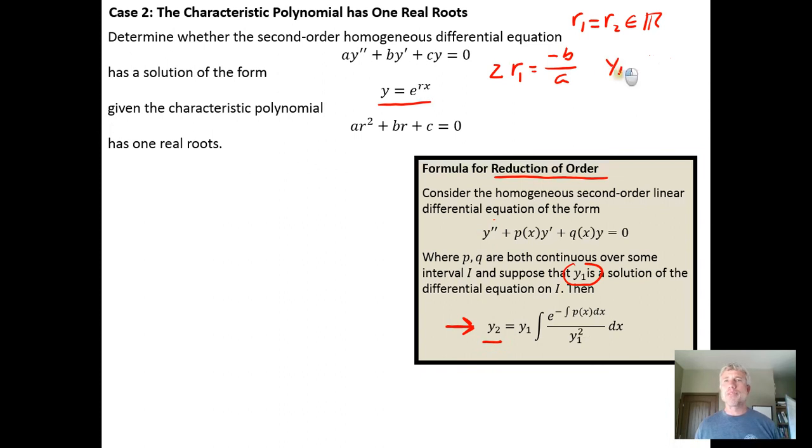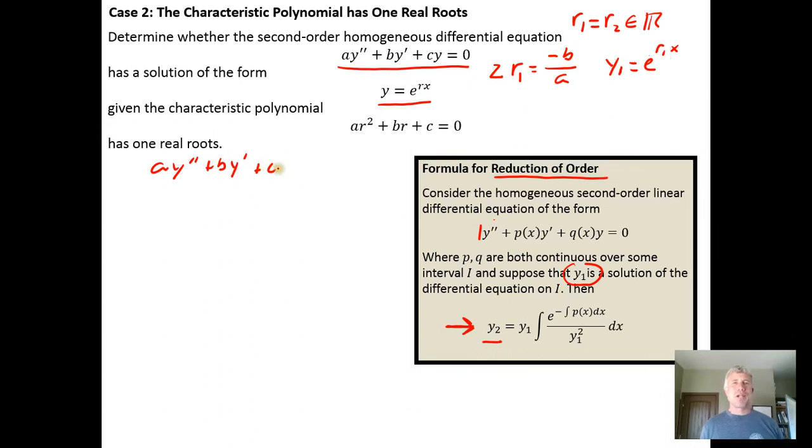We know that y sub 1 equals e to the r sub 1x is a solution to the differential equation. So we've got to first get it into the correct form. Sorry, I'm jumping ahead of myself. We start with our differential equation.